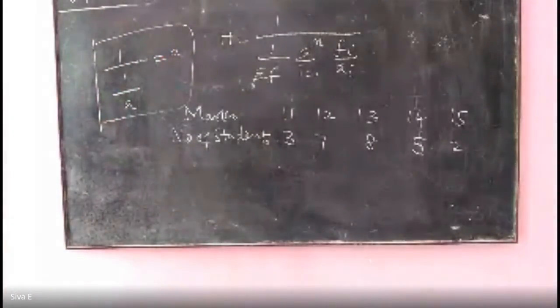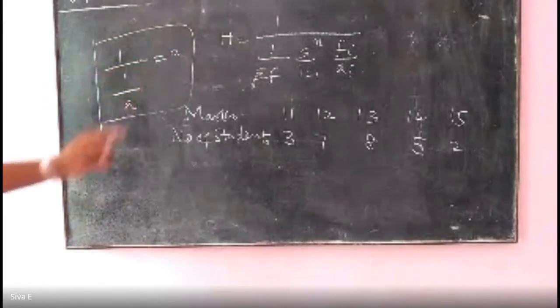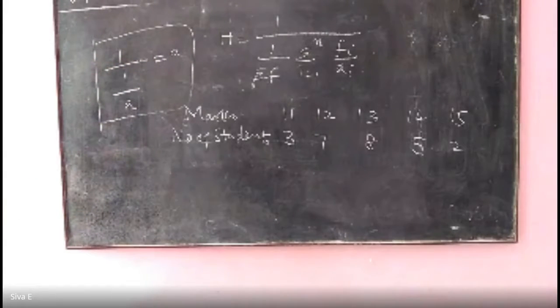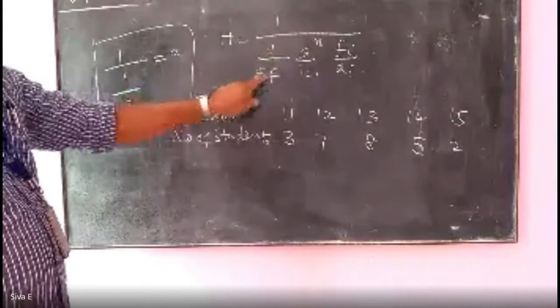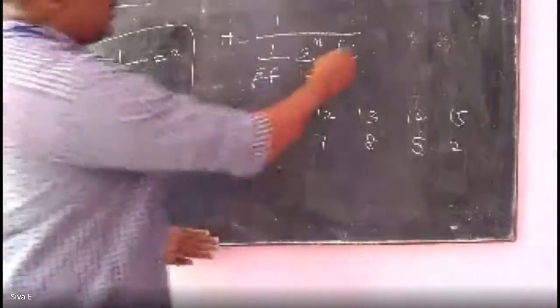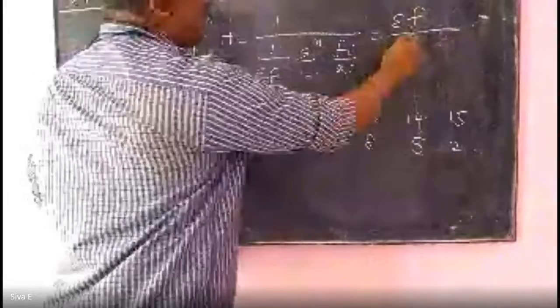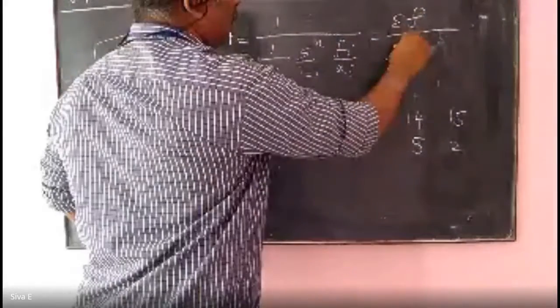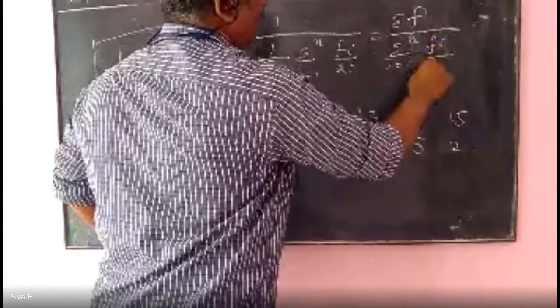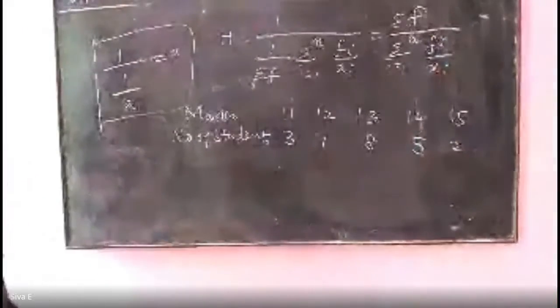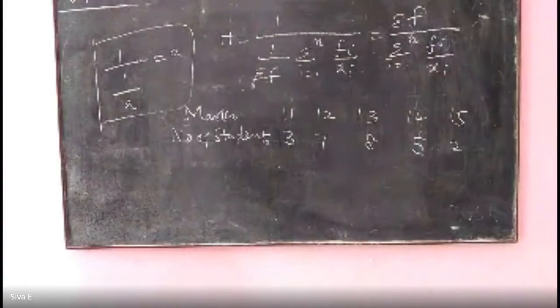Similarly, 1 by summation of f can be written as summation of f divided by summation of i equal to 1 to n fi by xi.